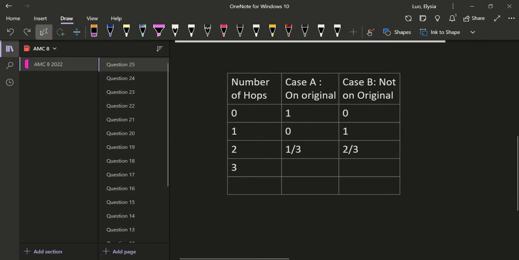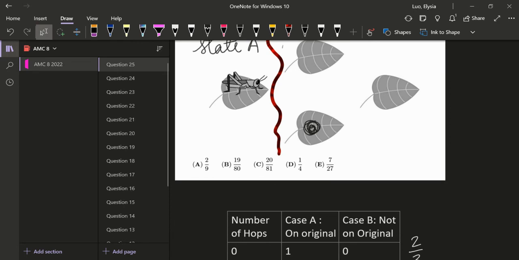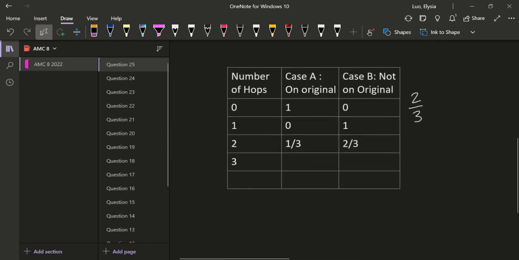So, since the probability for the second hop was 2/3 for not on original, it would be 2/3. And since there's 3 other leaves that are left over, that would be 1 out of 3 for the chances of it being on the original leaf on the third hop.